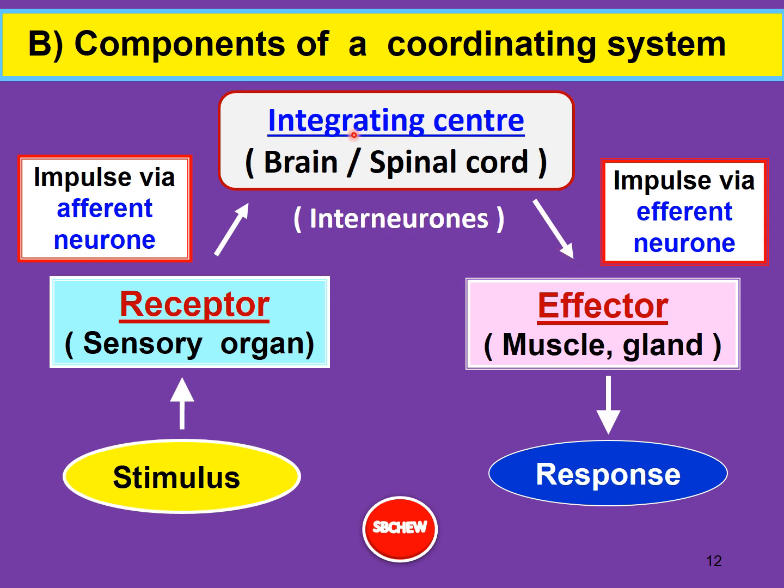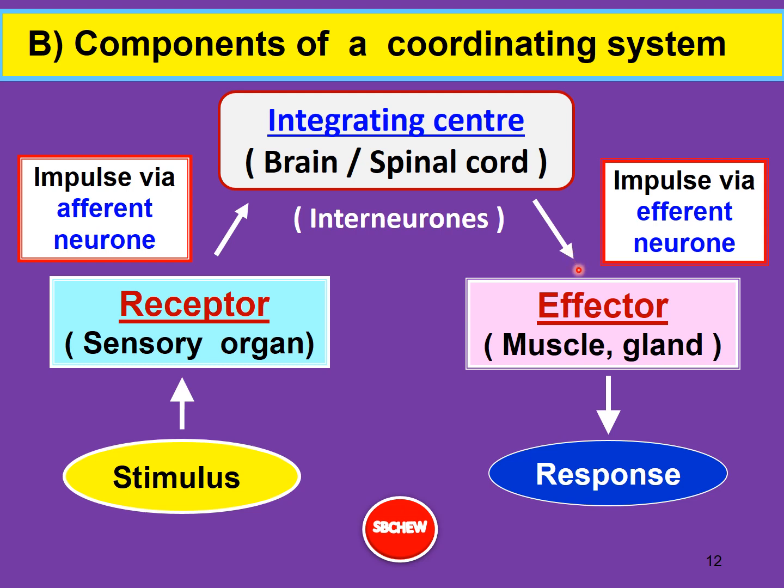The brain will send an impulse via the efferent neuron. Efferent, think of the word exit. So the efferent neuron transmits the impulse out of the integrating center, whereas the afferent neuron transmits the impulse to the integrating center.